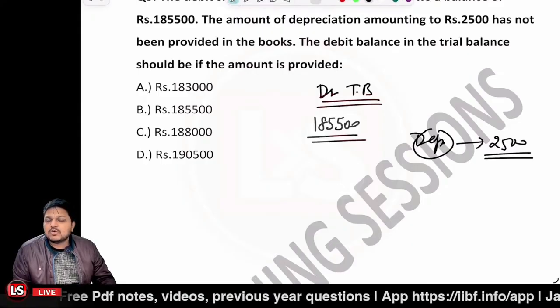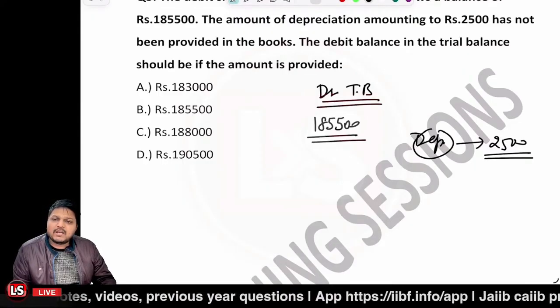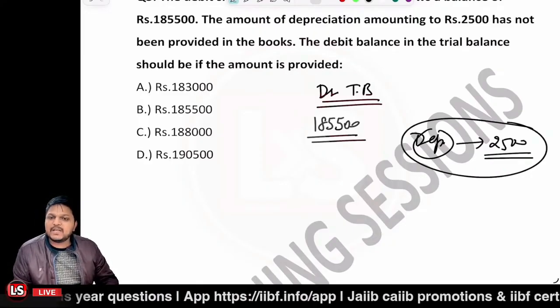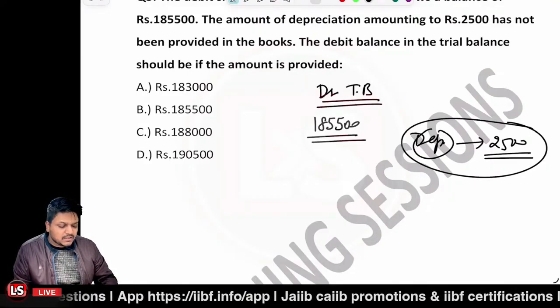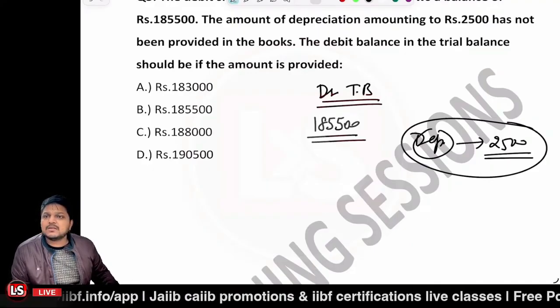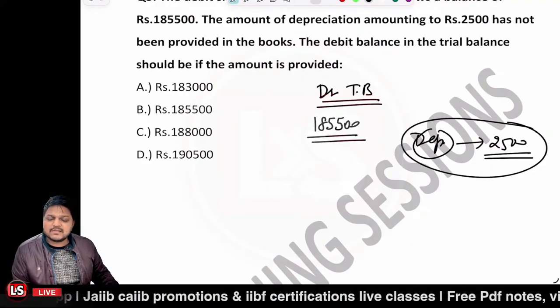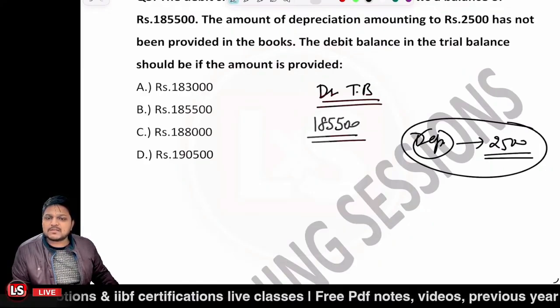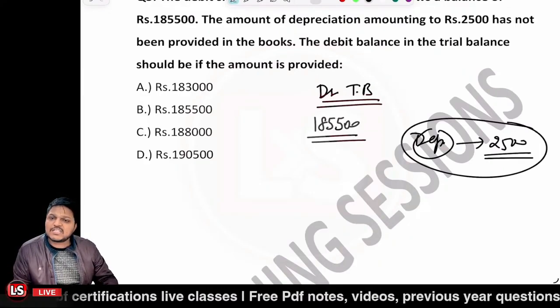Okay. So if we look at the depreciation entry, what would be the accounting treatment for it? Depreciation is an income or an expense? Kindly let me know. It's an expense. What type of expense? Non-cash expense.